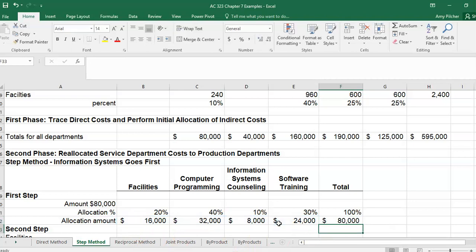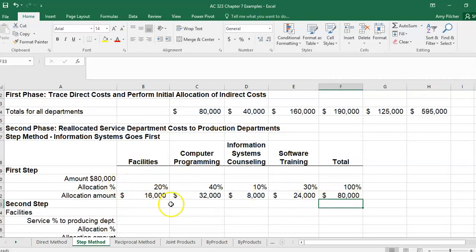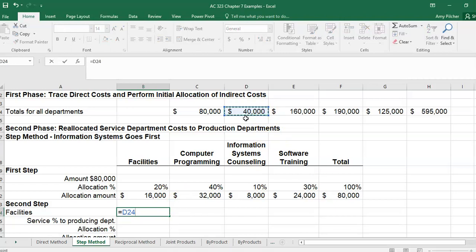So we have now allocated all 80,000 in costs from the information systems to the 4 units: one is the other service unit and then the 3 production units. Now facilities has 40,000 in costs plus the 16,000 we allocated from the information system. So now we're going to allocate facilities costs, which are $56,000.